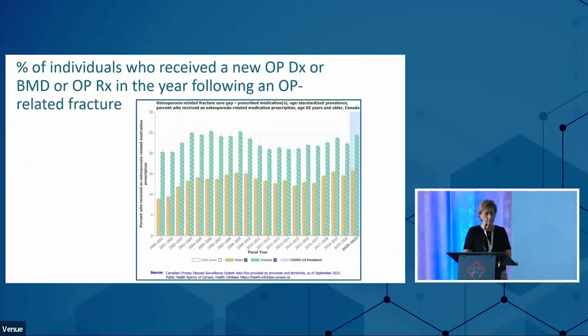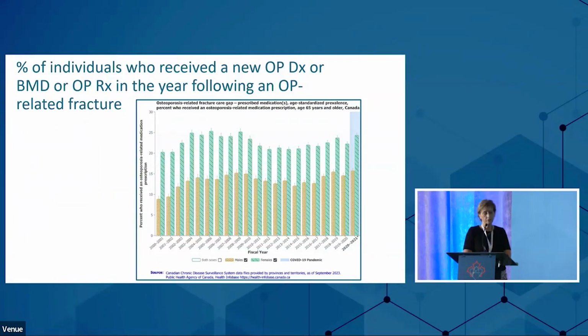Now, the scale here is obviously not allowing you to see the extent of the care gap, but this shows the people who receive a medication in the year following the fracture. This is Canadian data from PHAC.